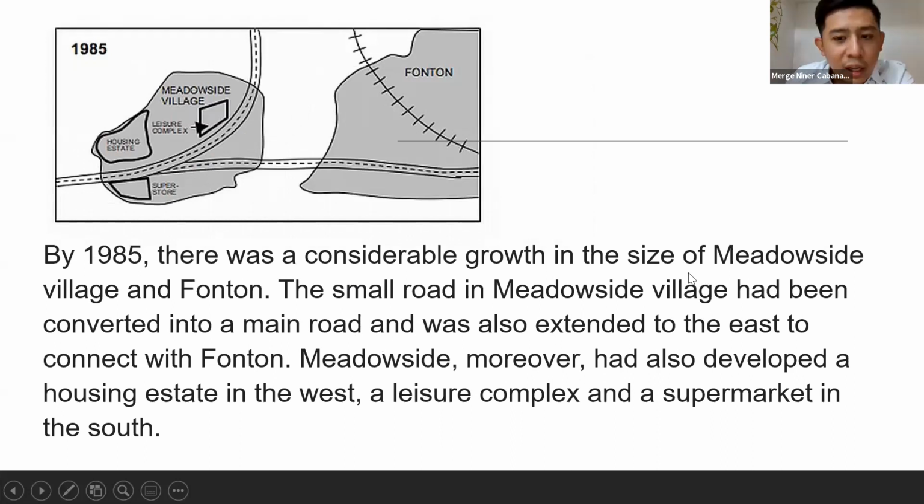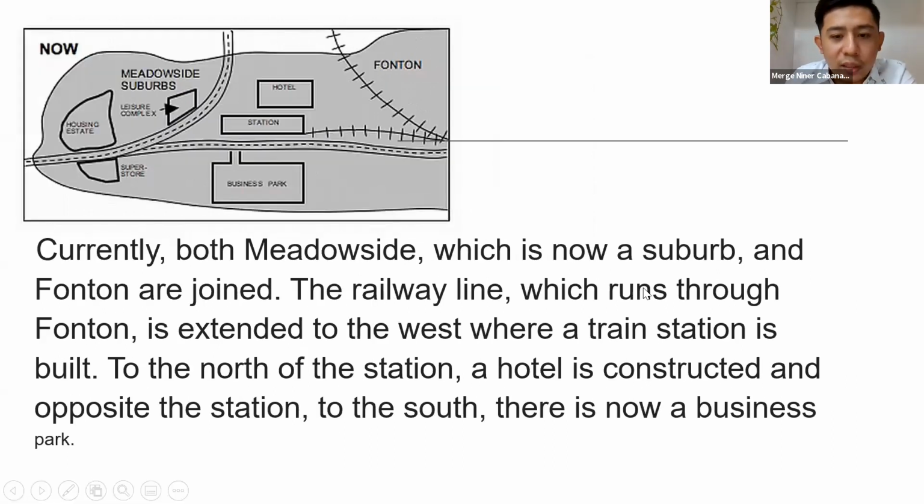Was, had converted, had developed, okay? And then here, we use the is, runs, is extended, is now, are. So we're using the present tenses of the verb because we are in the current era. So that's how you do it.